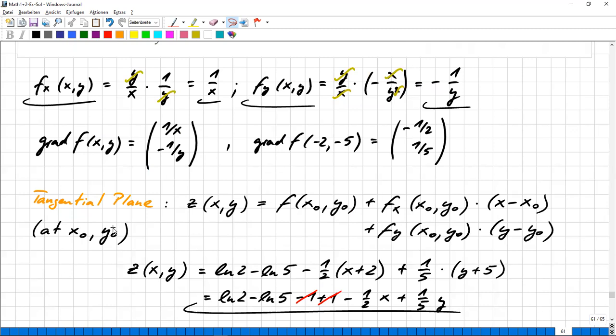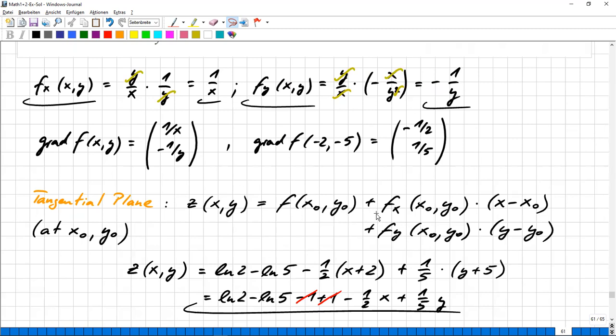So that's what you all know, and I just write it this simple way, z of x and y. Don't forget also the tangential plane, although it's a linear function, quite surely, of x and y, will be a function of x and y. Don't mix it up with the original function, which is non-linear, okay? So what do we use? We use this as a starting value for z, of course, we use the function value of x0, y0.